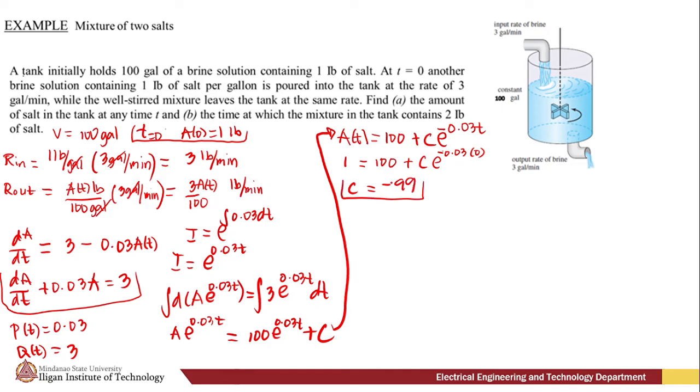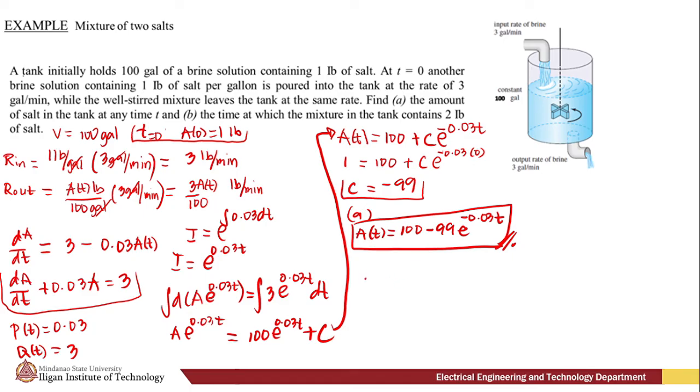Substituting that to our A of t, the answer for letter A is A of t equals 100 minus 99 e raised to negative 0.03 t. So this is the amount of salt in the tank at any time t.